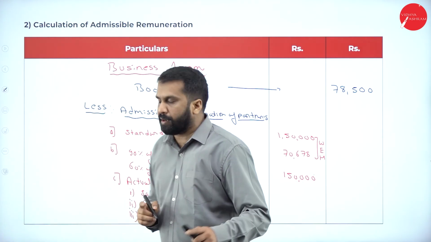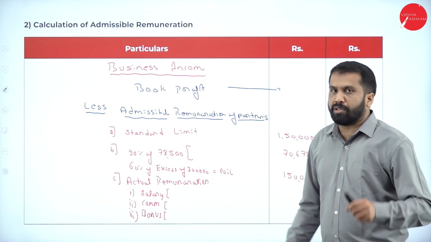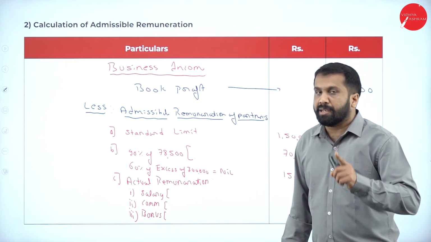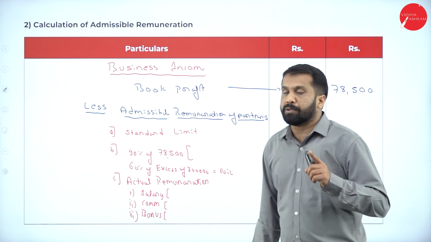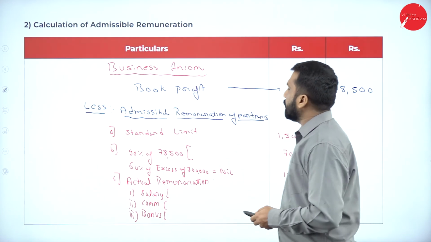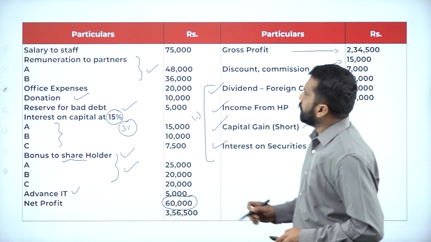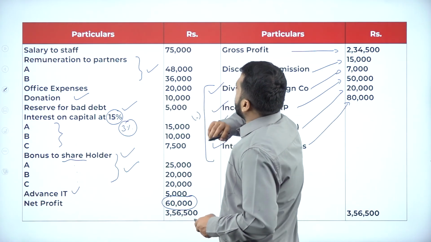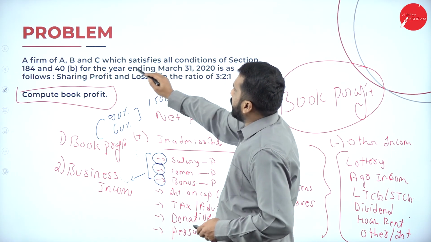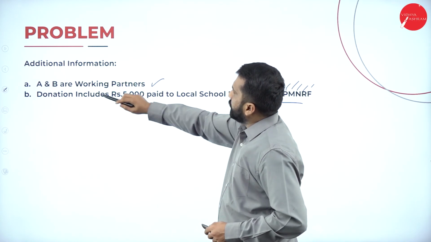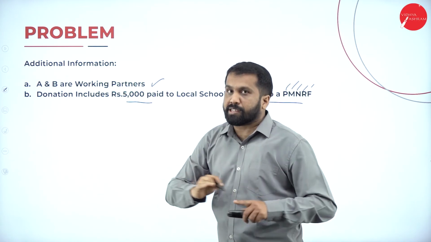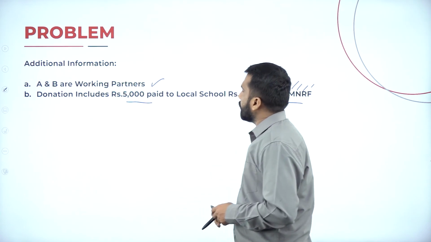I'll go back. Remember, while taking here, you're supposed to take only working partner. Now, as per this remuneration, see, A and B, who are the working partners? A and B are working partners. We are not supposed to consider C.